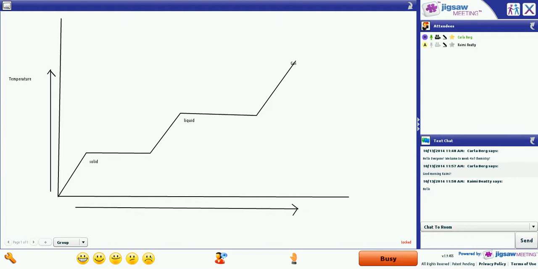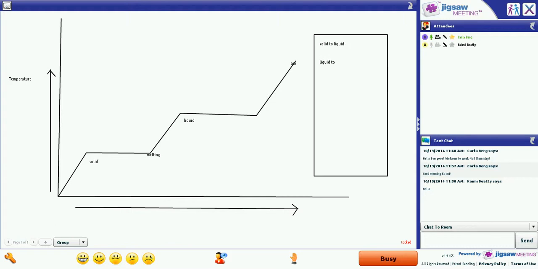Let's see if I'll make a little chart over here. And we'll go solid to liquid, liquid to gas, gas to liquid, liquid to solid. Let's see if you can add any of those terms.